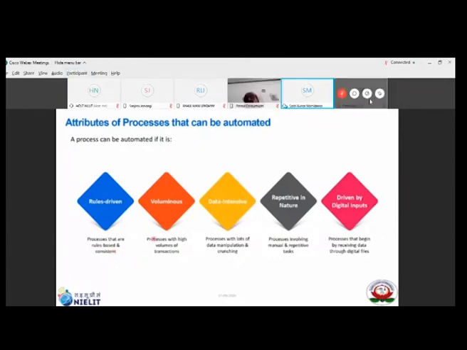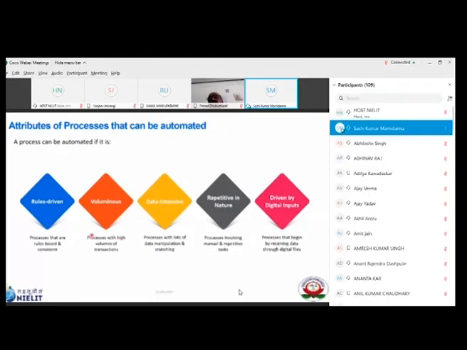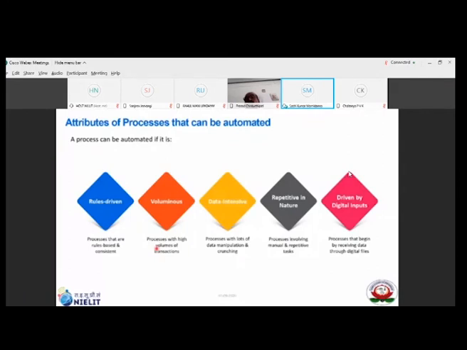Similarly, if the requirement is not for huge volumes of data, then it is easy for me to train somebody to get this job done, rather than investing in training somebody to develop a bot and get it ready for me, because the data is very small, probably like 100 MB of data.